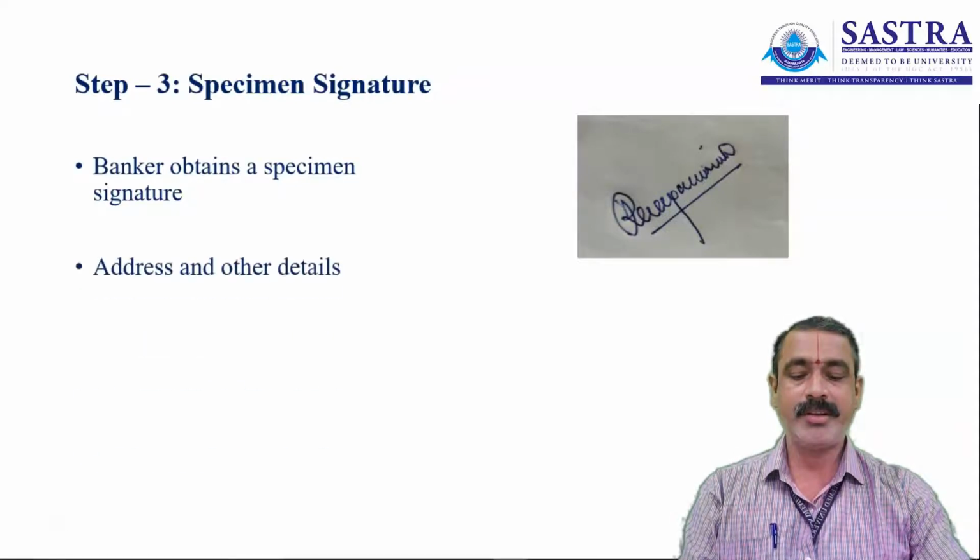Each customer's name must be written in bold characters above his account in the ledger. His address and other details of occupation are also noted in the file. This is the third step, in which the specimen signature is to be obtained by the banker from the customer.